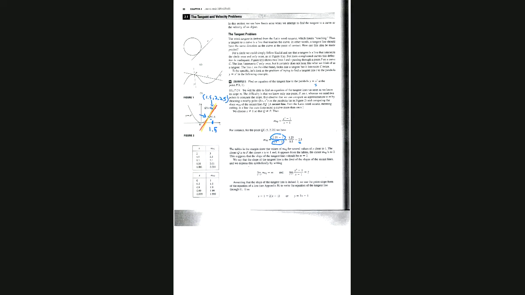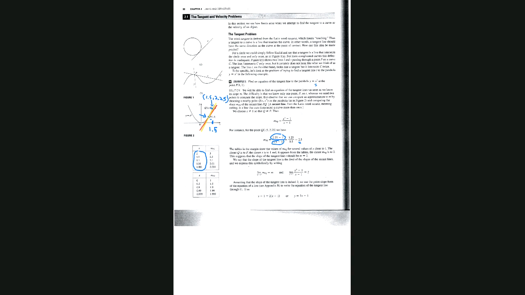But in this table here, they've picked some other x values: 2, 1.5, 1.1, 1.01, and 1.001.